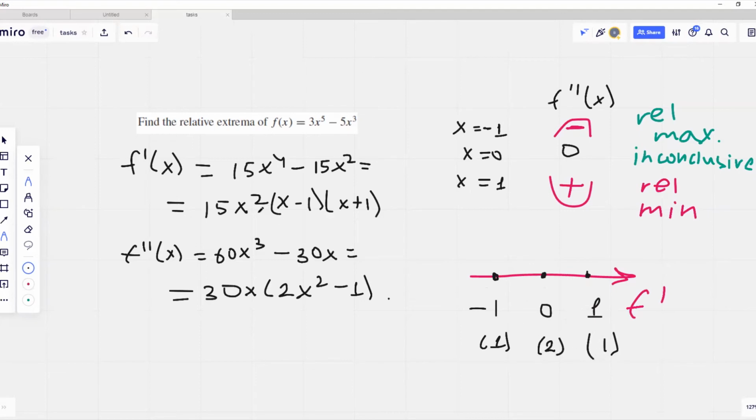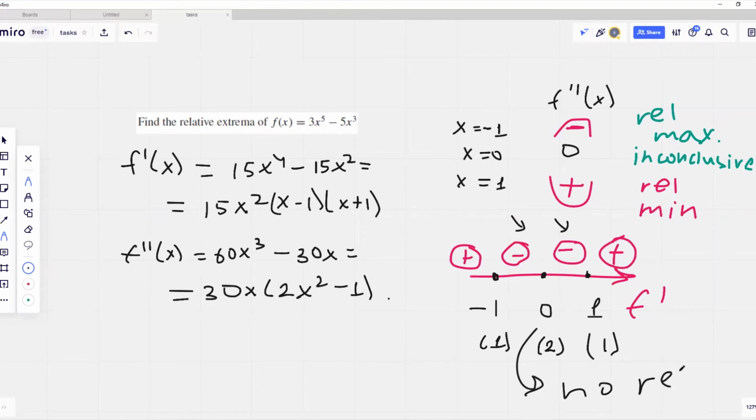So if we substitute plus infinity, this is positive. So this is plus, multiplicity here is odd, sign will alternate, minus. At point x equal to 0, multiplicity is even, so the sign will not change, and over -1, odd multiplicity, so the sign will alternate, meaning that at point x equal to 0, since our function is decreasing and then continues to decrease over point x0, at point x0 we have no relative extrema.